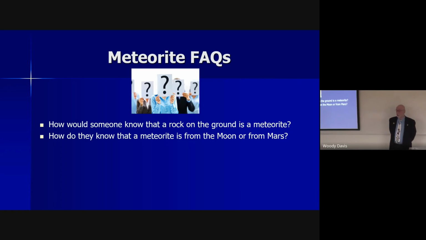And so those gas samples, even though they're small, can be analyzed, and their O17 ratios are about twice what is normal here for the Earth. But it matches up very well with what our rovers and landers have measured on the Martian surface. So that's how we can figure out where a meteorite is from Mars.